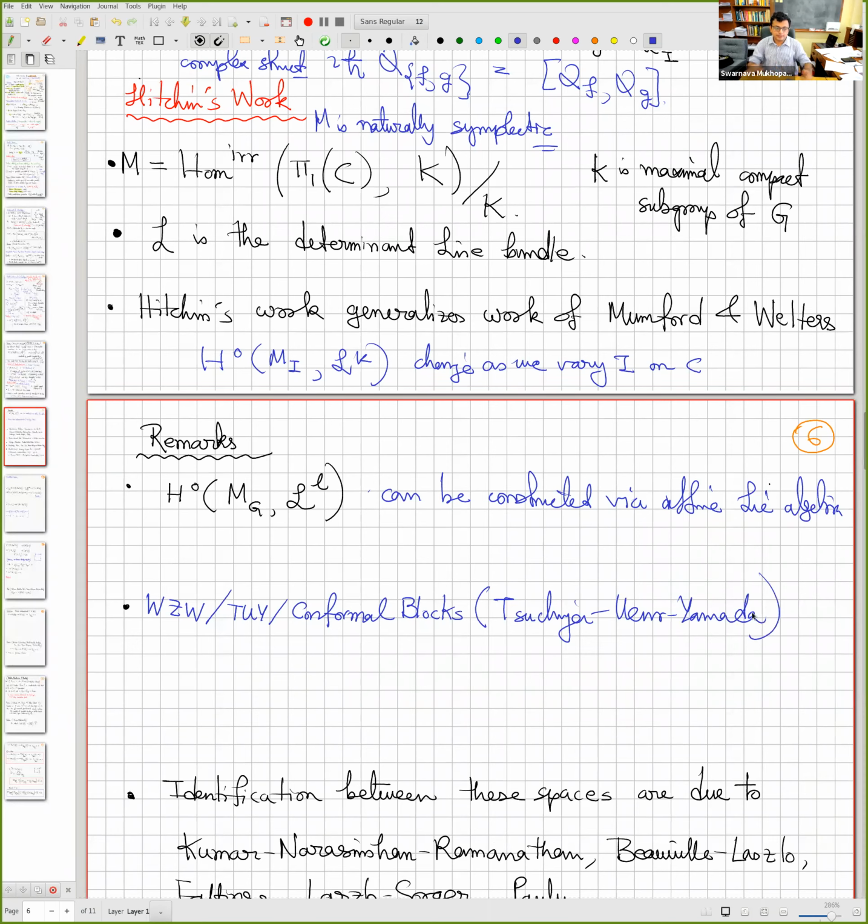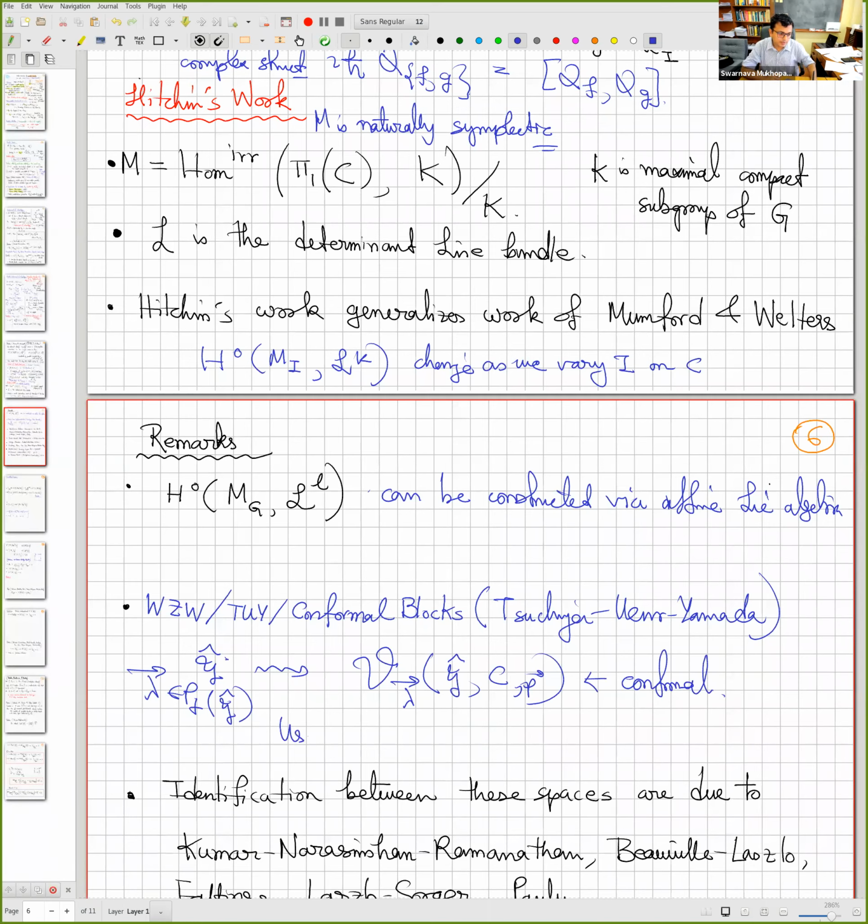Starting with some affine Lie algebras and some dominant integral weights, they assign a vector space which they call conformal blocks, on a curve with marked points.